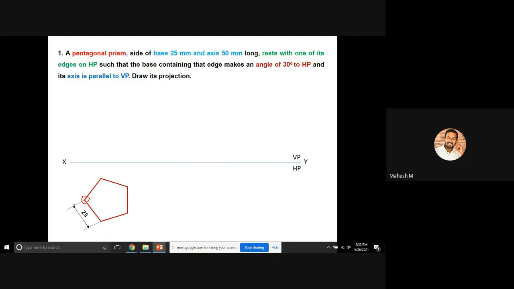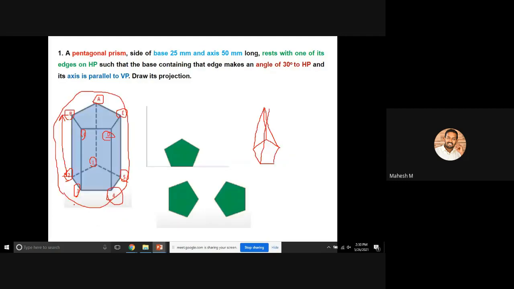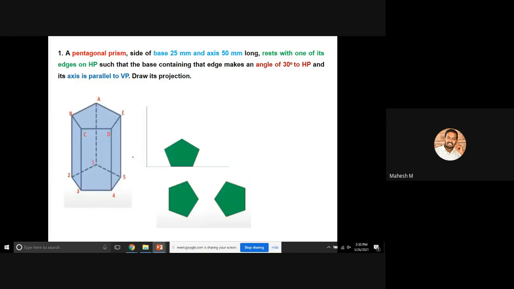Okay, so I'm going to show you the 3D diagram. So this is our 3D diagram. If this is the 3D diagram, this one is the edge and this one is the opposite corner. So I need the name of this corner for the particular top view.